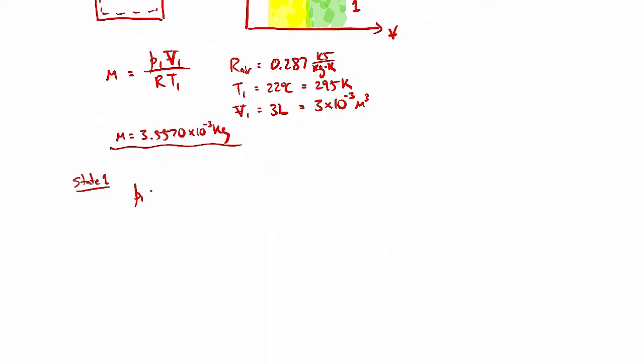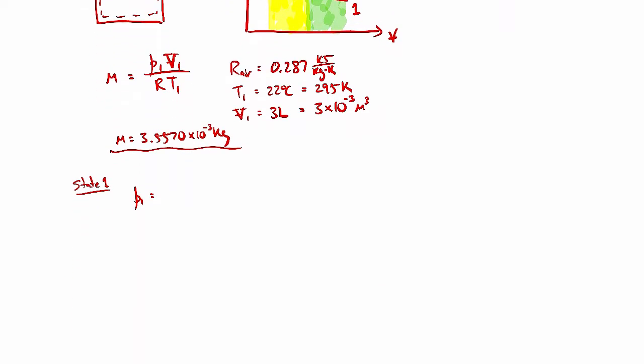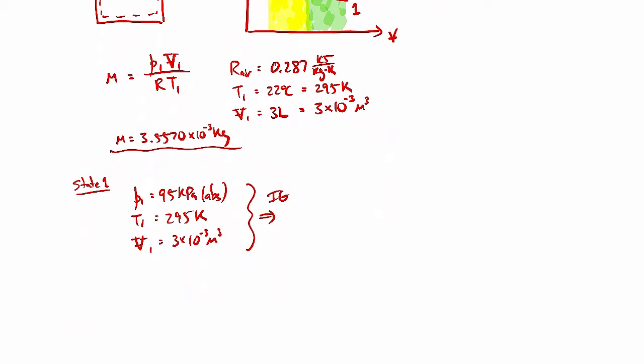State 1, we're told the pressure. We know the temperature. We know the volume. So we can use the ideal gas table for air.